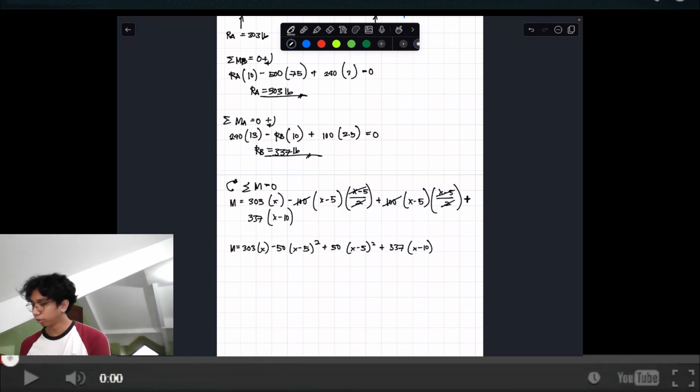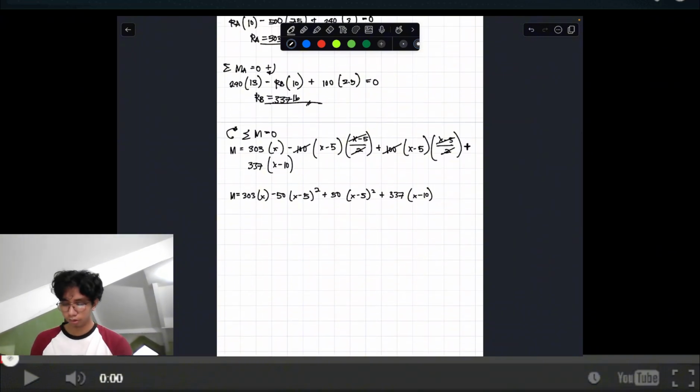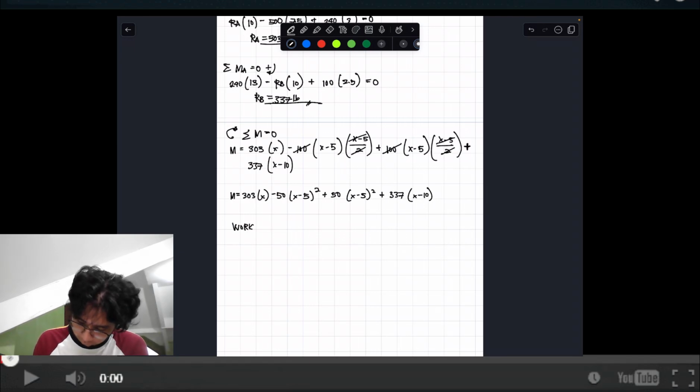So, next after natin i-moment, gagawin natin ang ating working equation, which is our double integration. So, paano natin sulat ang working equation natin?